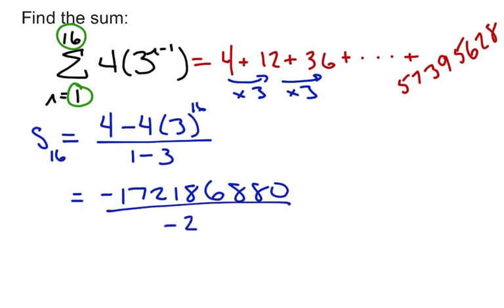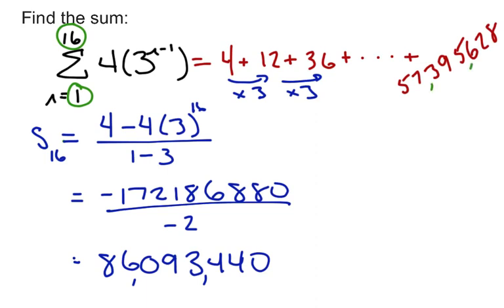So just take that number, divide it by negative 2, and you'll get your sum of 86,093,440. That's 86 million. Does it sound reasonable? Look up here. Our very last number was 57 million, so we should end up with a sum that's bigger than that. And there we go.